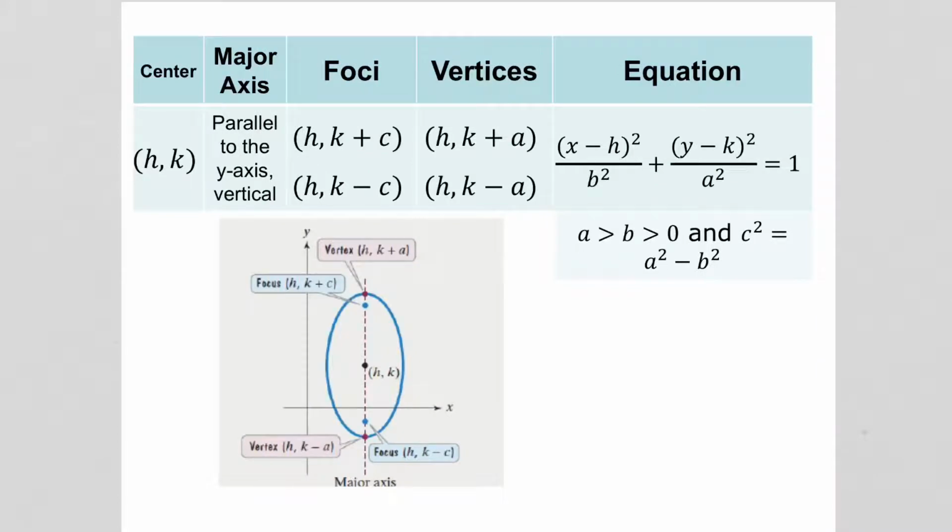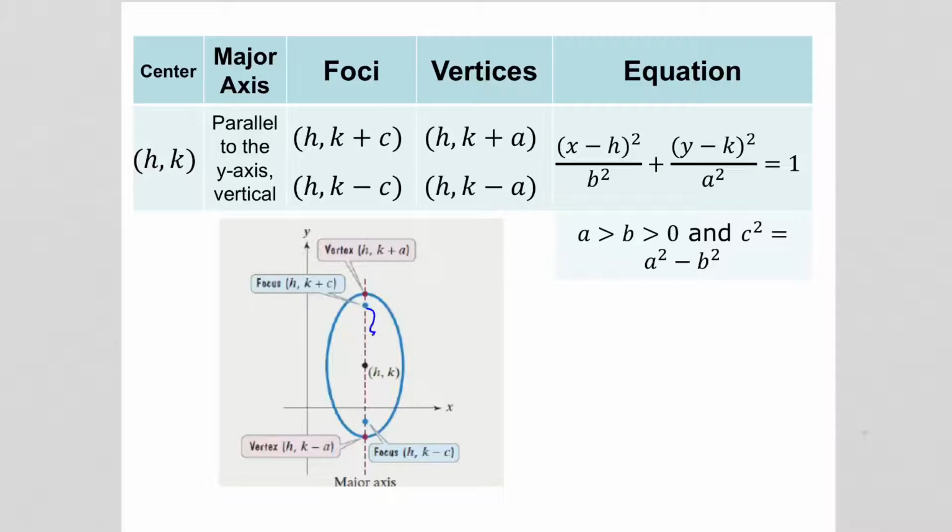Along the vertical axis, if the major axis is vertical, the center is still at (h, k). A squared is now under the y, just like when it was centered at the origin. But finding the vertices and the foci are different.